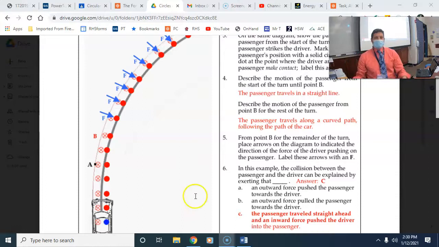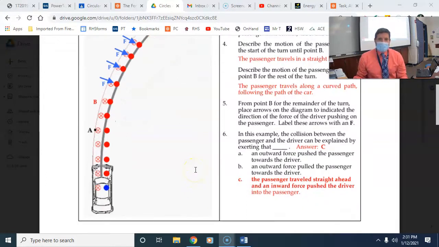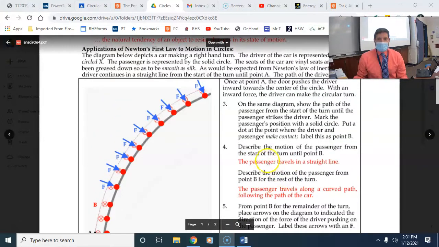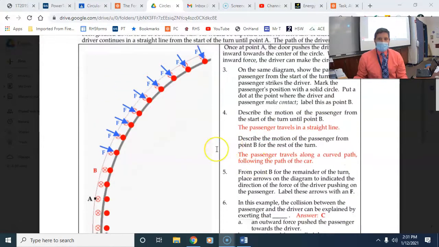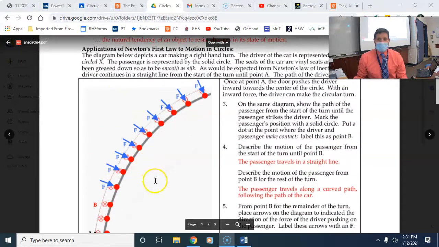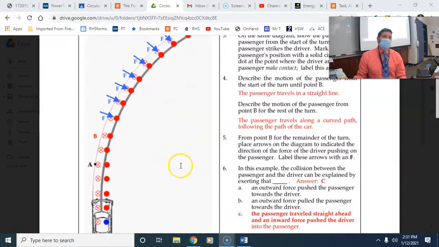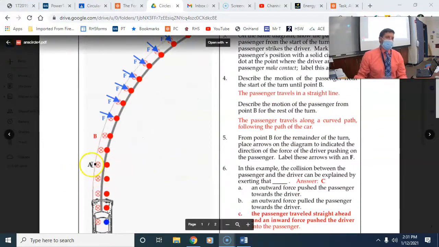So one thing it asks us to do, first, is just describe the motion of the passenger from the start until the turn at point B. Point B is when we really start getting into the turn. And actually, question 3 told us to put point B on there. Point A was here.